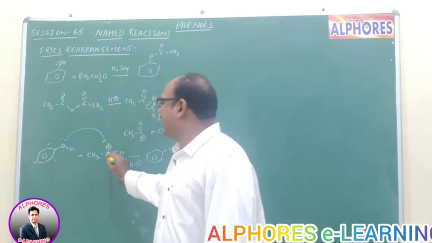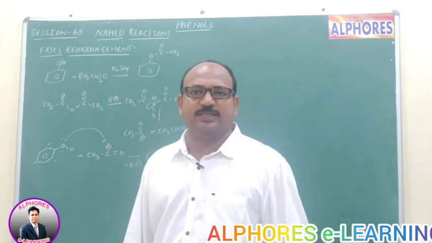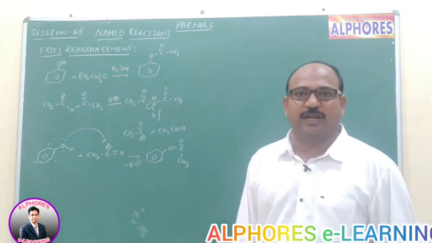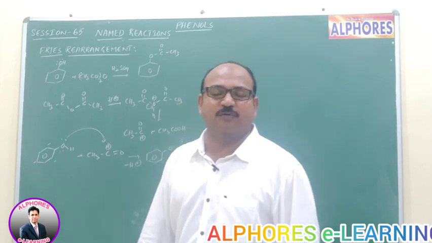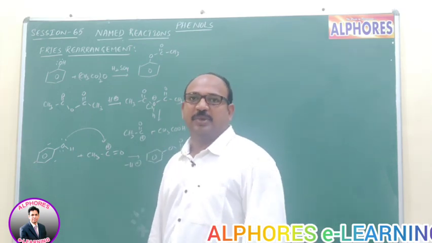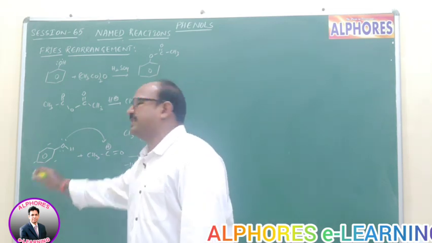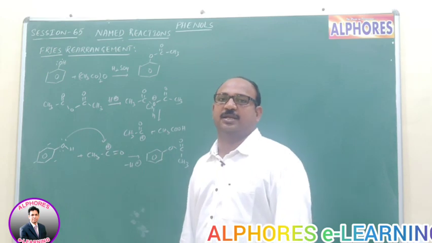As a result, the same acylation takes place at the ortho and para positions, and we get different products. Moreover, if acylation takes place at oxygen, that is called O-acylation, meaning oxygen is participating in acylation. If acylation takes place at the carbon of the ortho and para positions, that is called C-acylation.